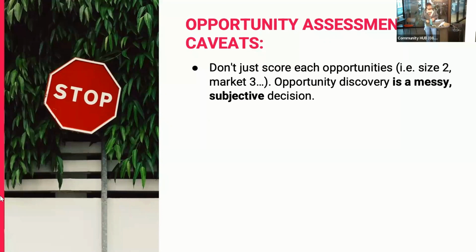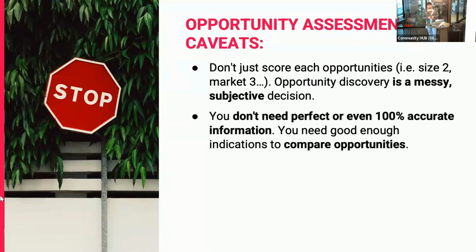Product development and product discovery in particular, there's lots of science in it, but it's not without art. There is some subjective decision there. If you just make a mathematical formula, you will make the wrong decision, and there will be all these discussions. Oh, is this a 2 or a 3? Which doesn't matter.